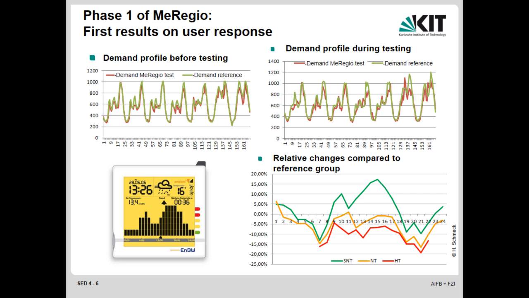I've shown you that already. This was the reference groups. This was the demand in the Meregio test region, and in the reference, completely the same over the days.